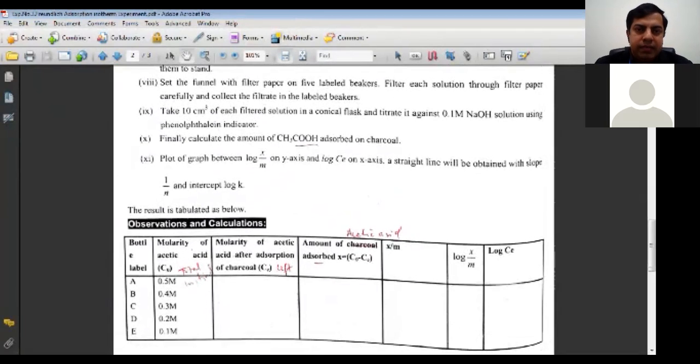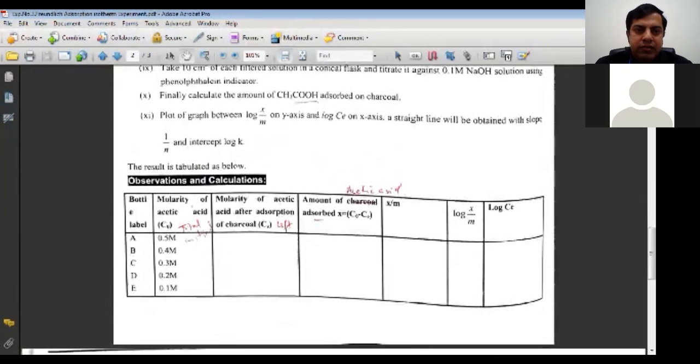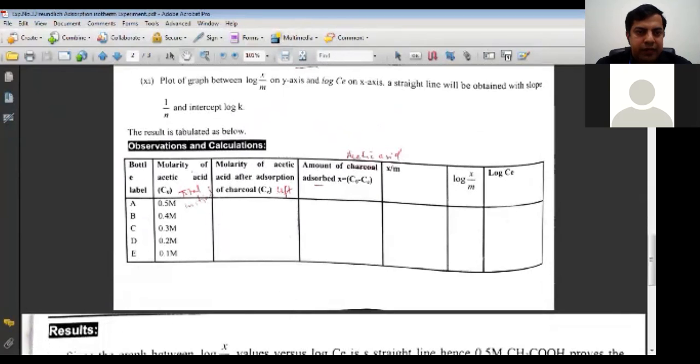This is how we are going to do it, and this is the procedure. You have taken 5 labeled bottles, and you have put a different concentration of acetic acid in each of the bottles. Initially you are going to titrate with sodium hydroxide as a base.